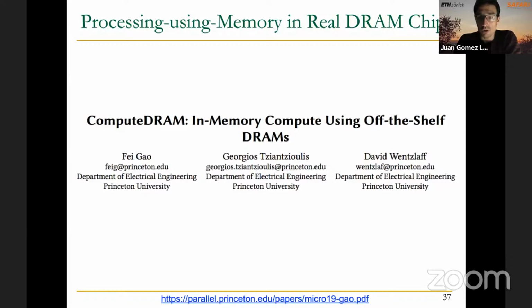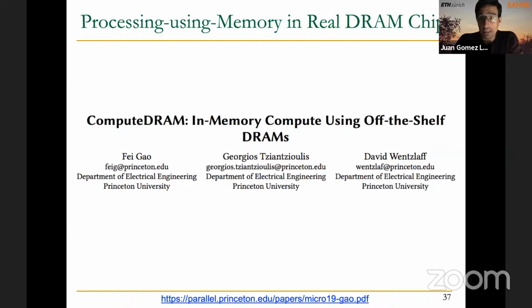As you may remember from the first lecture in this course, there are also some promising and very interesting proposals that we group into something that we call processing using memory, because in this case, the computation is done by the DRAM cells themselves, specifically in some of the proposals that we explained, like RowClone, Ambit, etc.